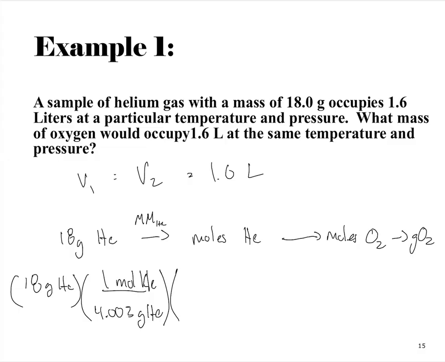Then, since 1 mole of helium gas equals 1 mole of oxygen gas, because we don't distinguish between those, our molar ratio is 1 mole helium gas is equal to 1 mole oxygen gas. And then how do we convert moles of oxygen into grams of oxygen?